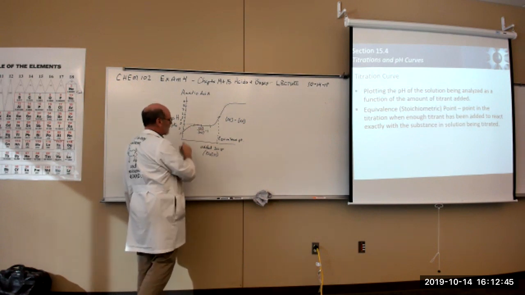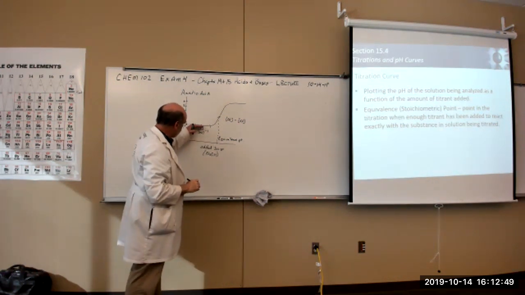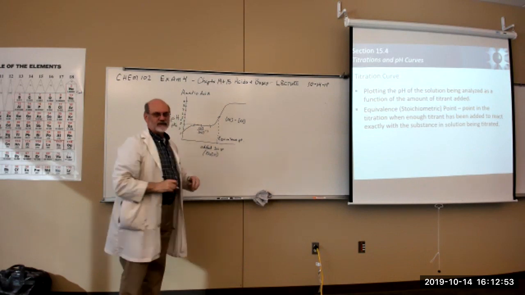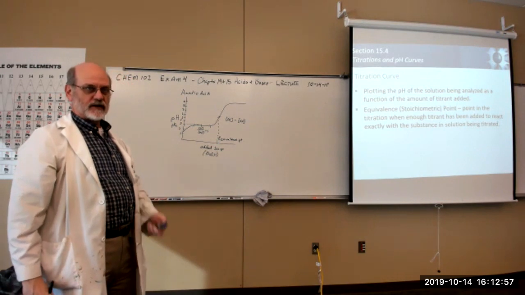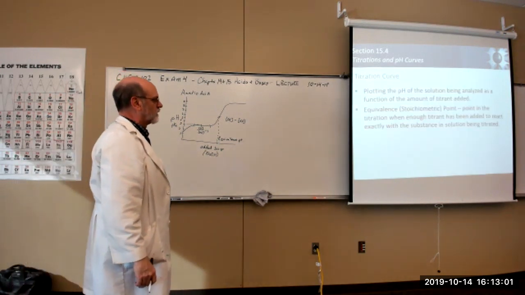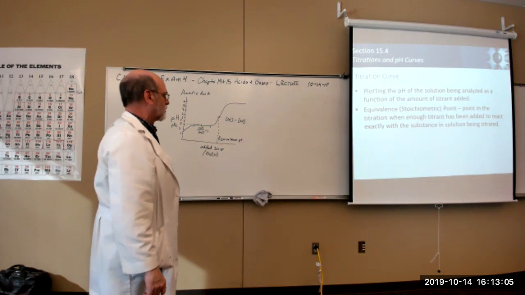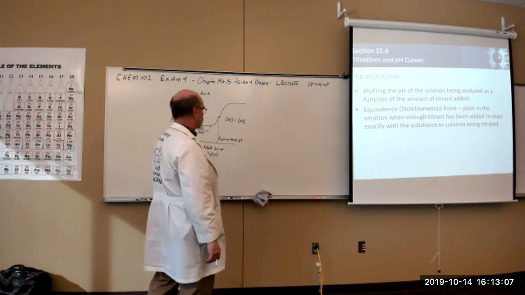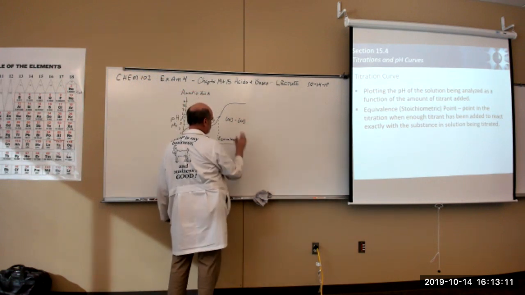The buffer region is there. Now that's not absolutely flat. It's on a slight slope. But it's flat enough so it resists change in pH. Equivalence. Sometimes, stoichiometric point. That's just where the base equals the acid.